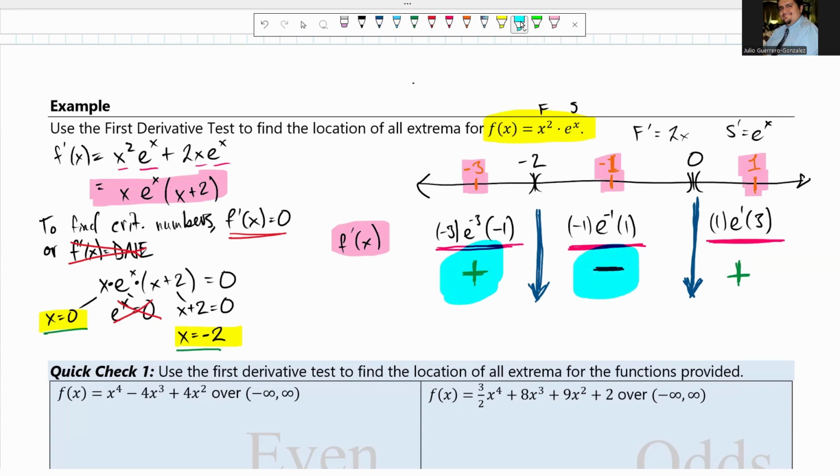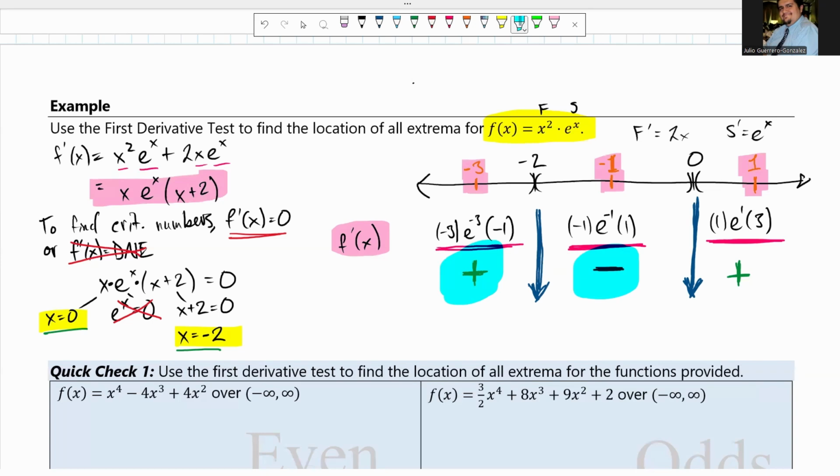at x equals -2, the slopes before are positive, which means that our function is increasing. And then our slopes afterwards are negative, so our function is decreasing after -2.